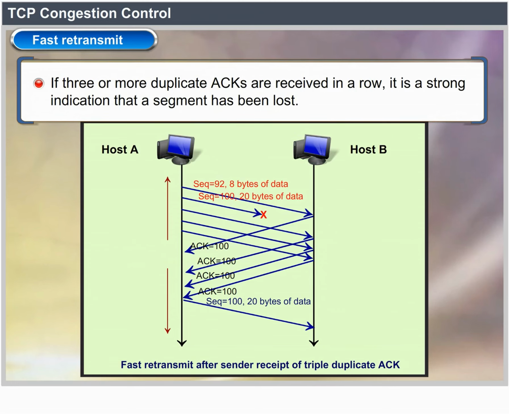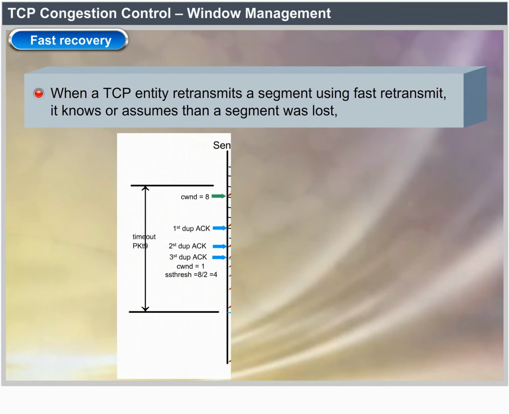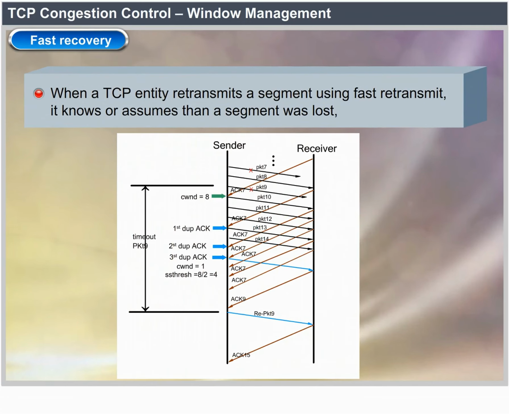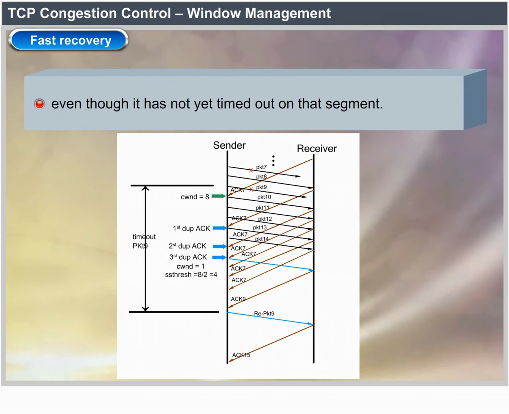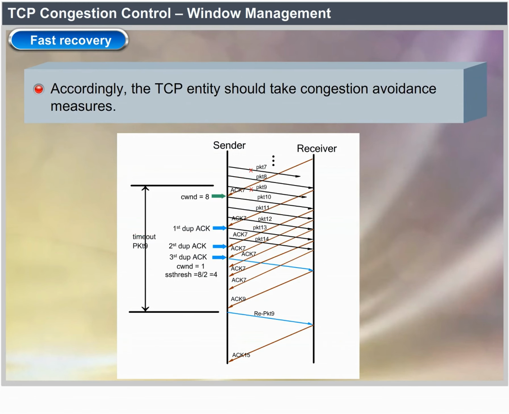Fast recovery. When a TCP entity retransmits a segment using fast retransmit, it knows or assumes that a segment was lost, even though it has not yet timed out on that segment. Accordingly, the TCP entity should take congestion avoidance measures.